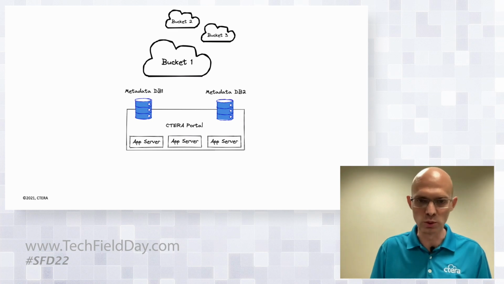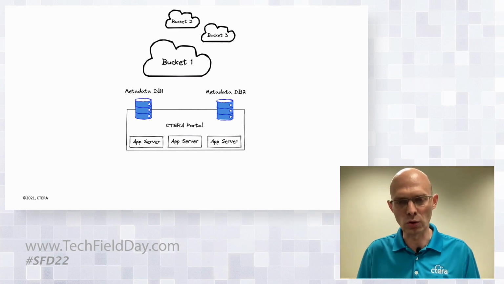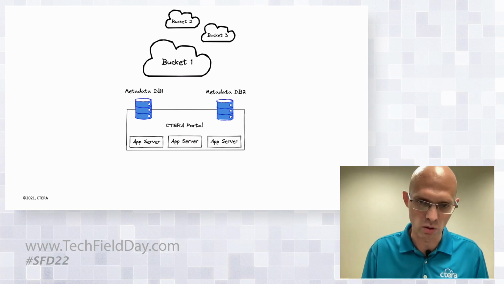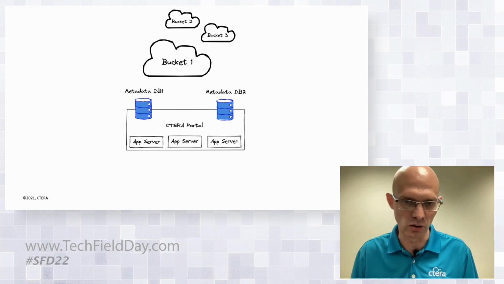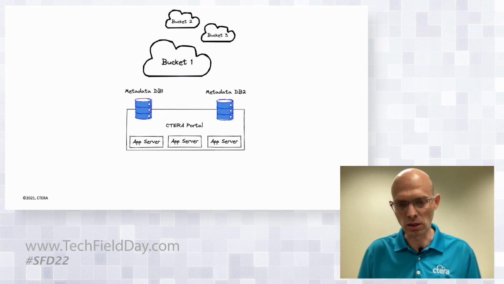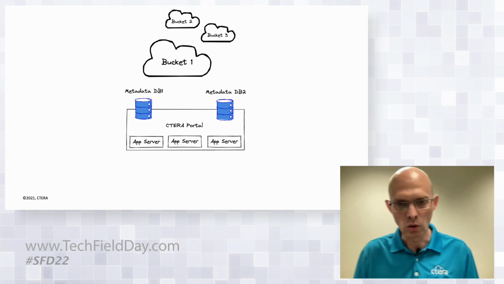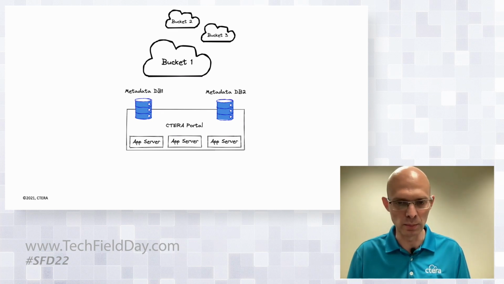So we have this separation between the metadata and the data, which are stored in different locations. All the data is encrypted in the object storage, and the keys are not in the object storage. So anyone who looks at the object storage cannot read your data or understand what's written there. The keys are written either in the CTERA Portal, when it acts as a built-in key server, or you can connect to an external key management server using the KMIP protocol.